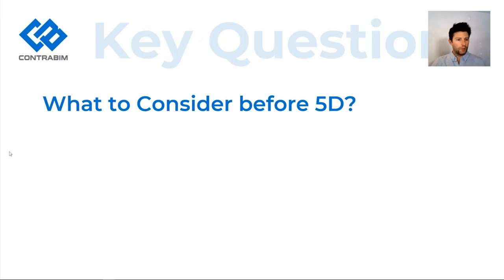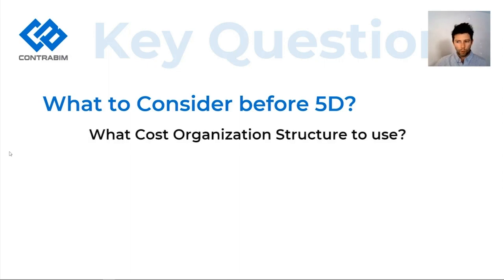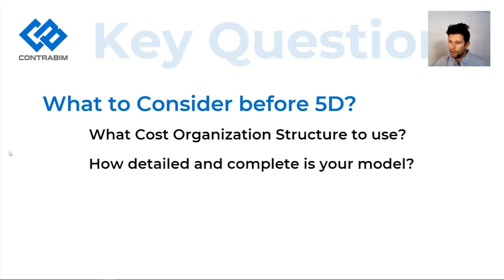So there are a few important questions that I always ask clients, or ask them to consider at least, before approaching 5D. So I just wanted to lay some of these out here real quick. Number one is, what organizational structure are you going to use? Often this will determine what classification you add to your model and to your model elements. How detailed or complete do you typically model a project?